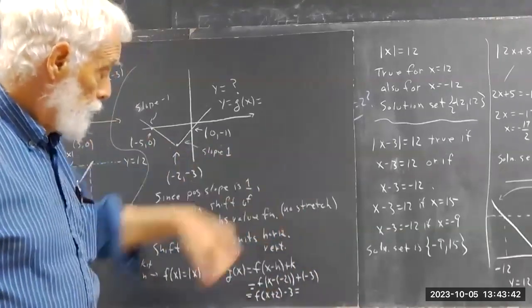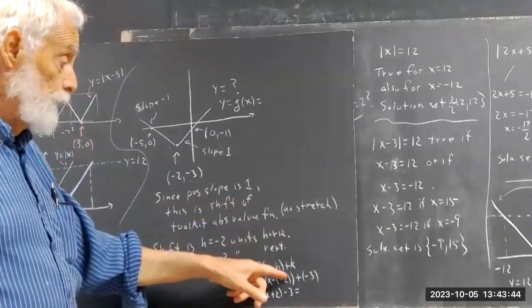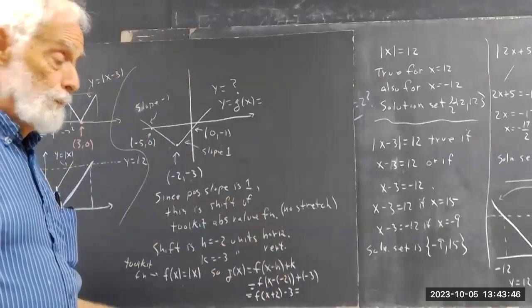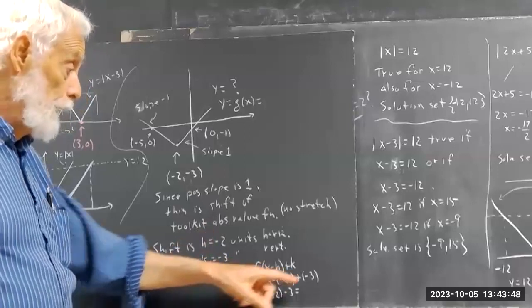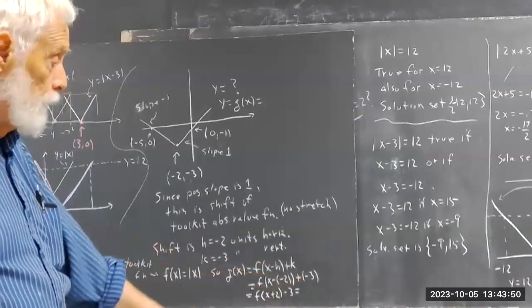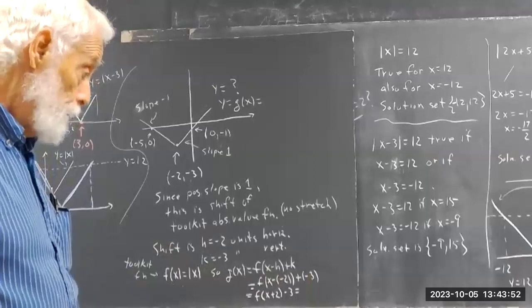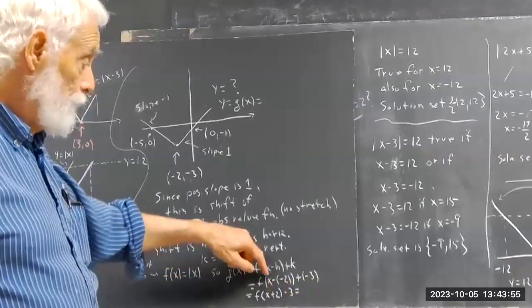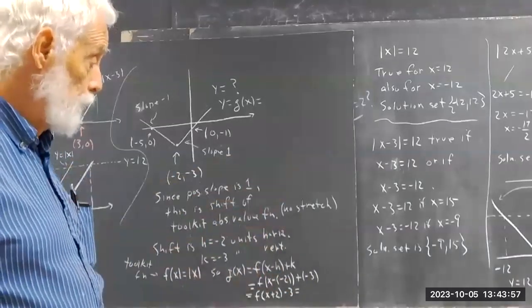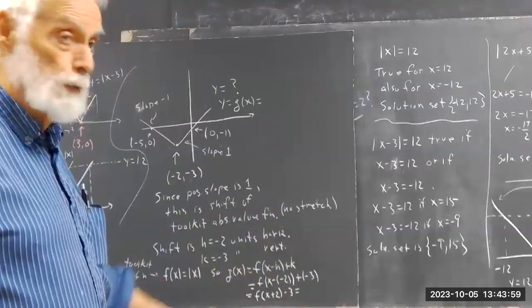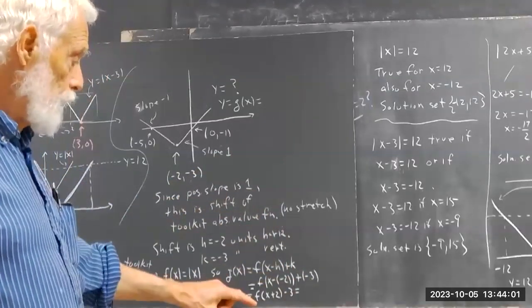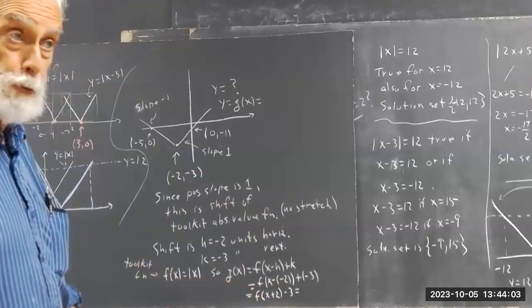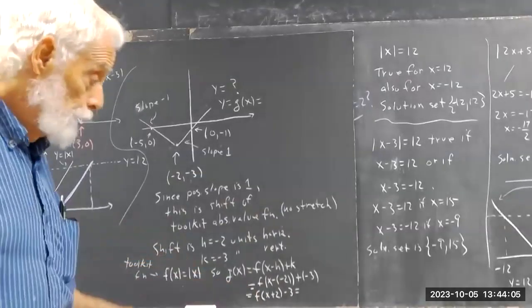But there it is, we have no stretch. This one's simple. Then we just plug in h and k, -2 for h and -3 for k, and we simplify it. x minus -2 is x plus 2. Adding a -3 is the same as subtracting 3. And it comes down to the question of what's f of x plus 2. And that's what I asked you right now.